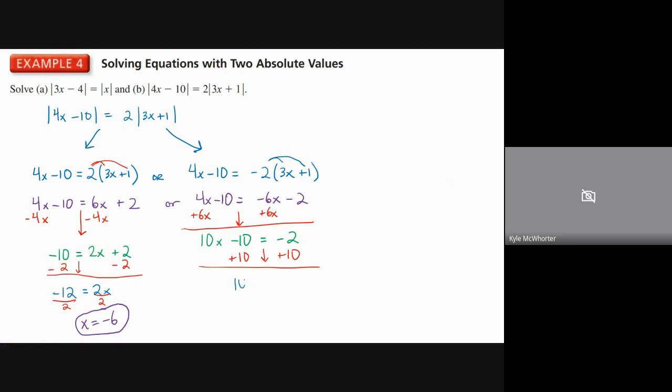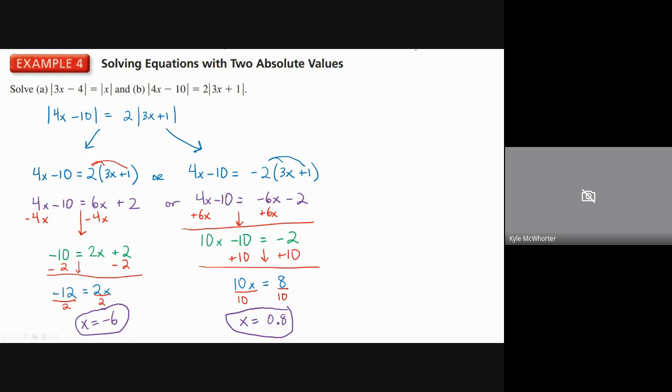That gives me 10x equals negative 2 plus 10 is 8. Then I'm going to divide both sides by 10. And I'm going to get x equals 8 over 10, which is 4/5. Or you can write that as 0.8. Now I'm just going to check those and make sure they both work.